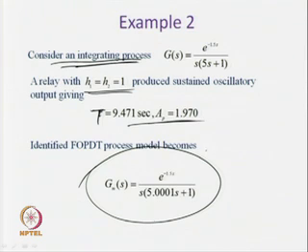So, the accuracy is very high, to within 10 to the power minus 4. Okay. So, we see that the applicability of the identification method is not restricted to only underdamped processes; it can be made applicable for other types of processes as well.